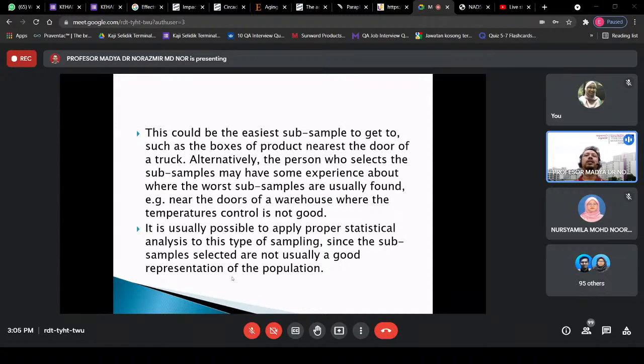Okay, this could be the easiest subsample to get to, such as the box of product nearest the door of a truck. Alternatively, the person who selects the subsample must have some experience about where the worst subsamples are usually found. Example, near the door of a container or the warehouse where the temperature control is not good.